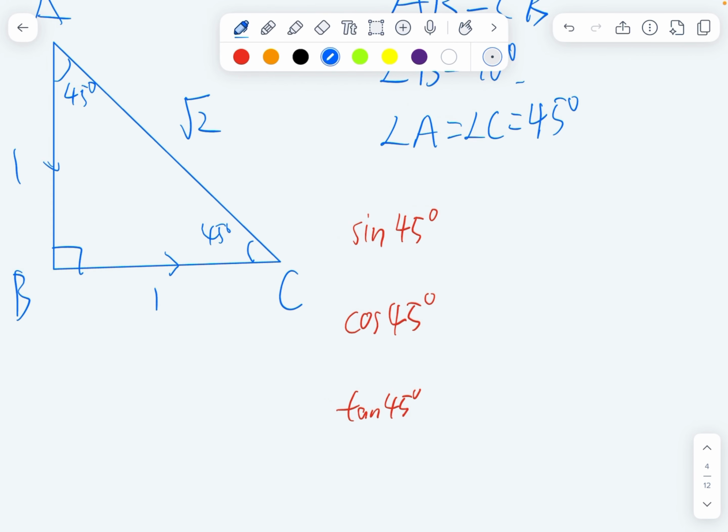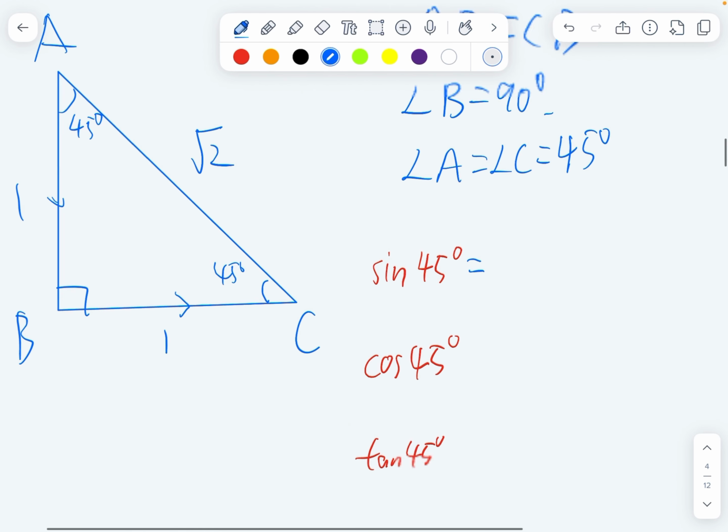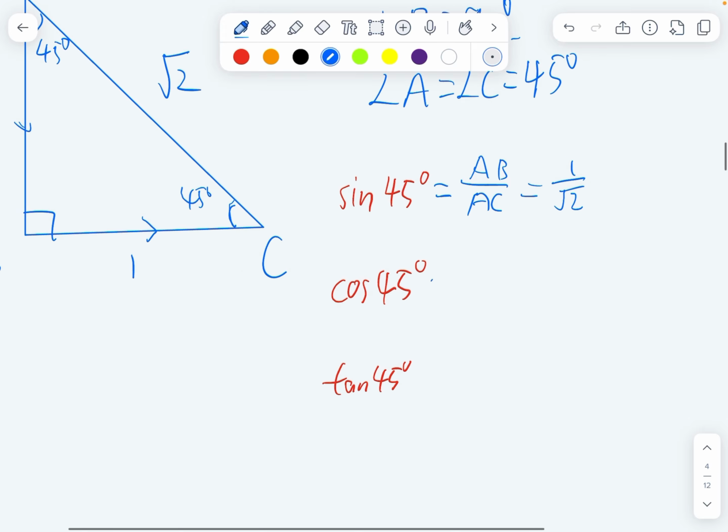Okay. So let's write the set. For sin 45 degrees, AB equals BC, so cosine 45 degrees equals sin 45 degrees.